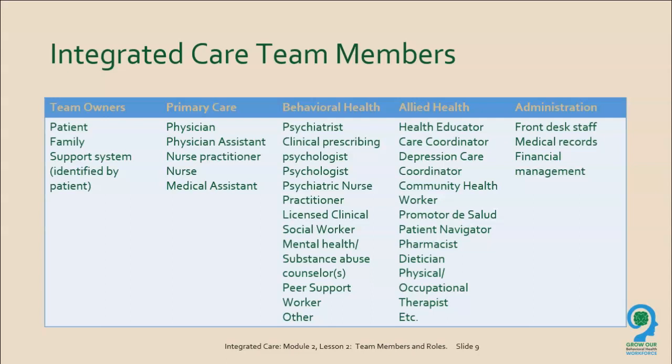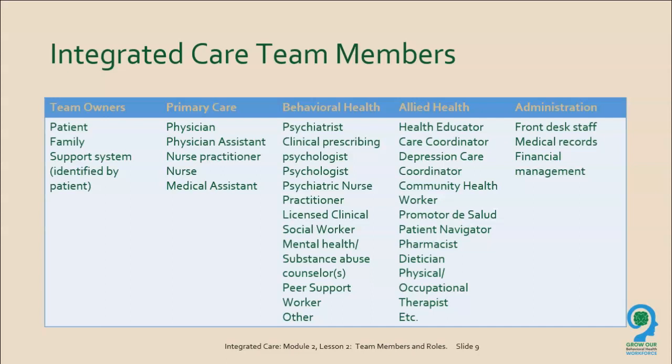Primary care is an important element and includes generally a physician or physician assistant or nurse practitioner, nurse, medical assistant, and often there are many other people ranging from a phlebotomist to office staff who work in primary care centers and are essential team members.